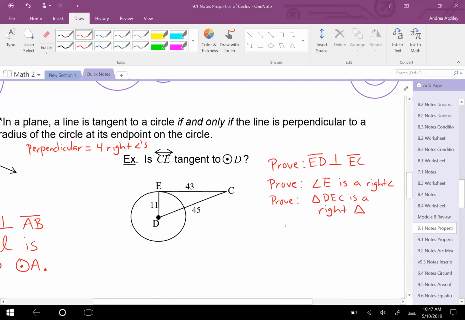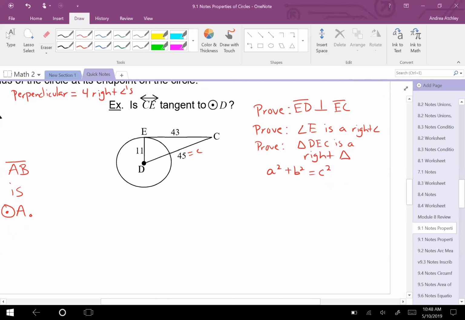And to do that, I use the Pythagorean theorem: a squared plus b squared equals c squared. In this picture, what would be the hypotenuse? 45. So this would be c. Any questions over that? So I'm going to get 11 squared plus 43 squared should equal 45 squared.